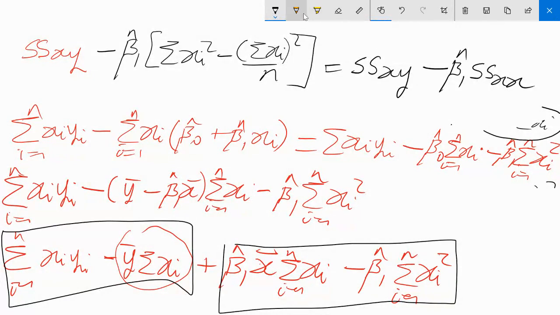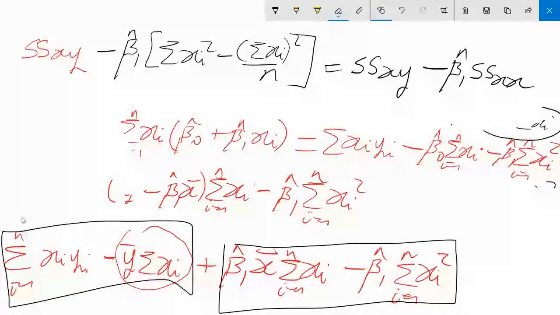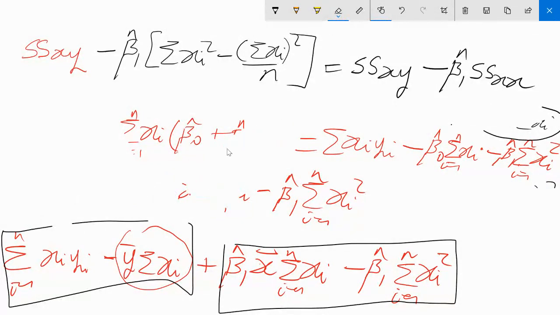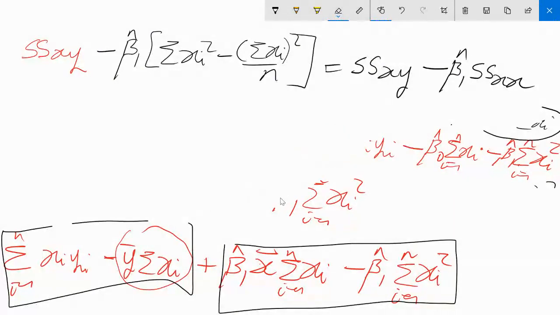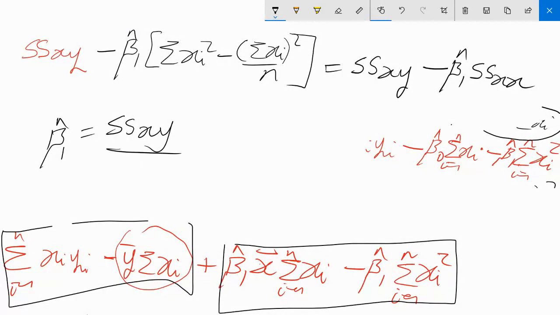Now, I want you to follow this. We have already arrived. Those who know these things can tell that that part is already 0, because we said beta 1 hat is estimated by SSxy over SSxx.